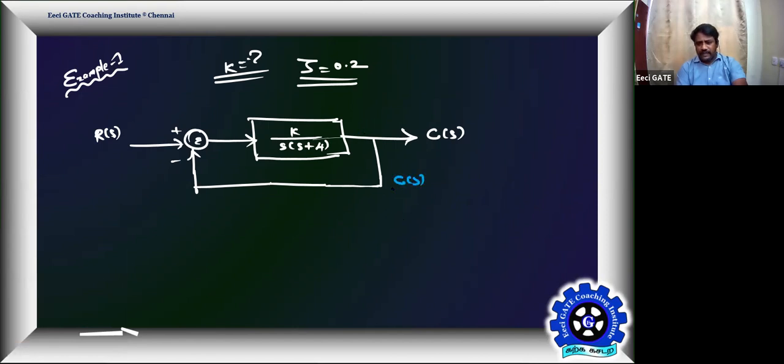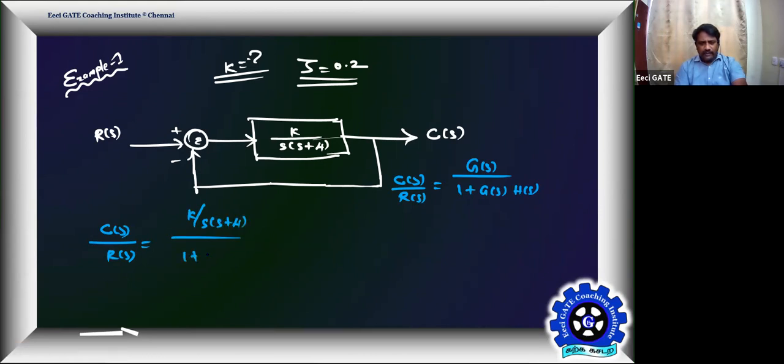C(s)/R(s) is equal to G(s)/(1 plus G(s)H(s)). Exploiting this, C(s)/R(s) becomes K/(s(s+4)) divided by 1 plus K/(s(s+4))·1. So then you can bypass the step and quickly say it's K divided by s(s+4) plus K, which will be the transfer function.